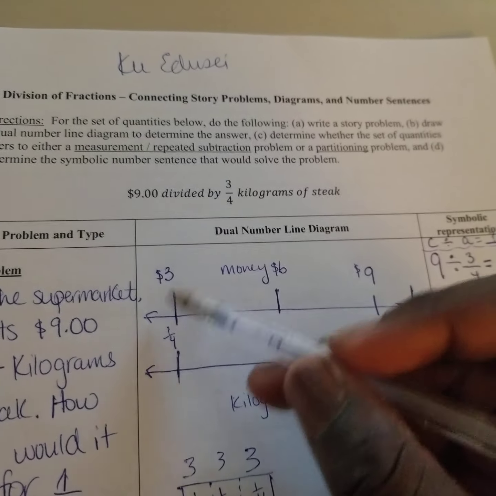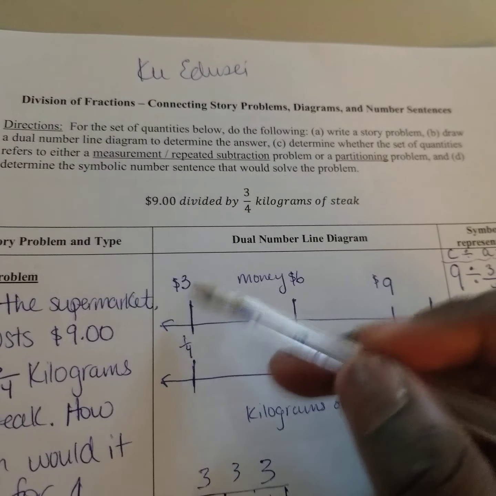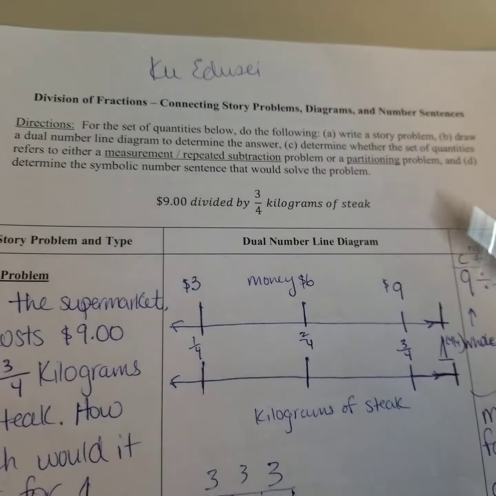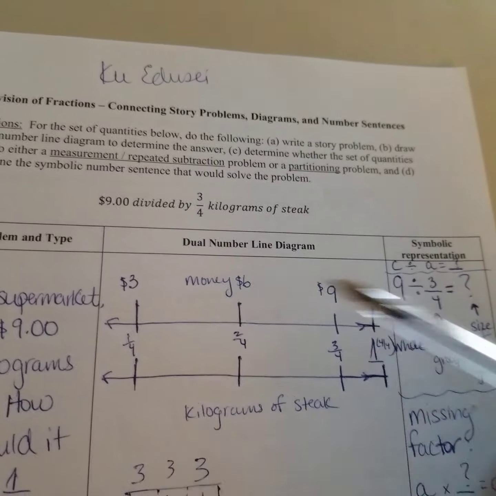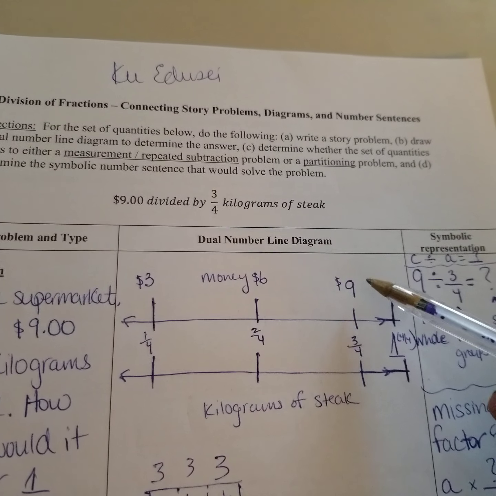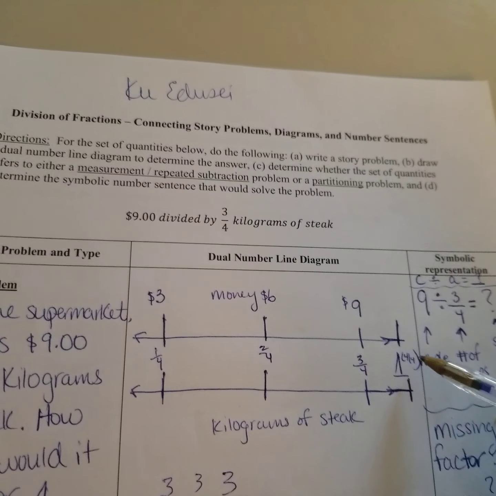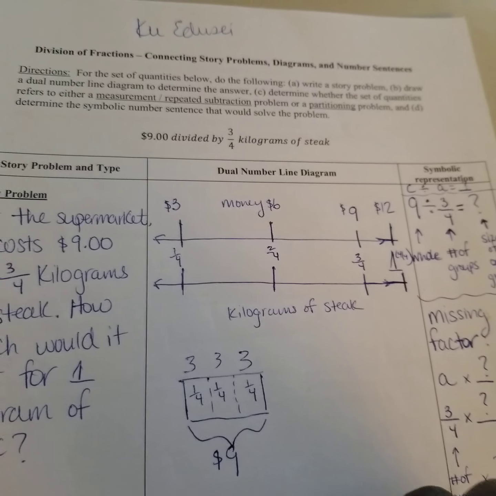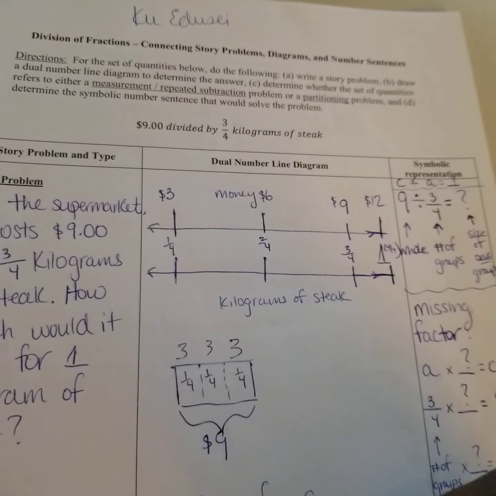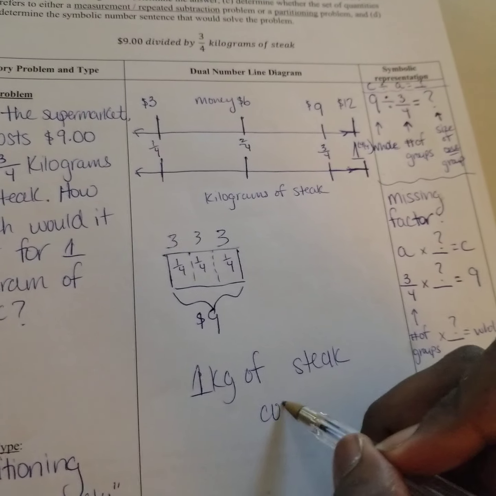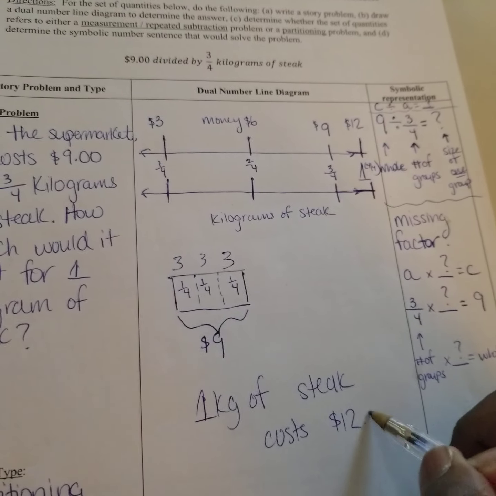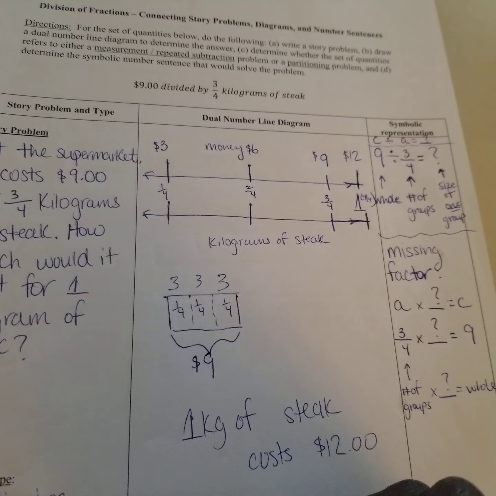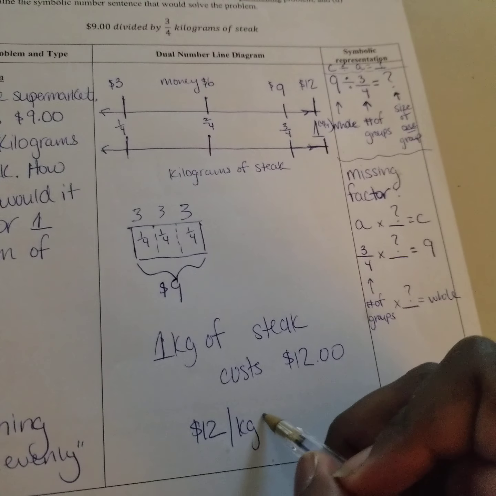So now that I know 1/4 kilogram of steak costs me $3, I can use that to extend my number line. 2/4 kilograms of steak would be $6, and 3/4 kilograms would be $9, which means 1 whole kilogram of steak would cost me $12. Or I could say $12 per kilogram of steak.